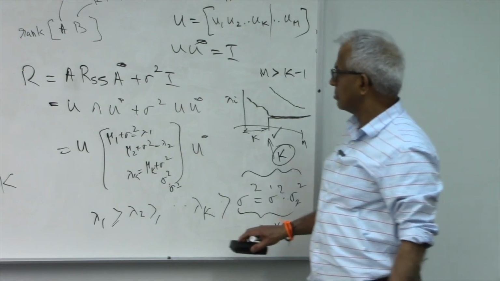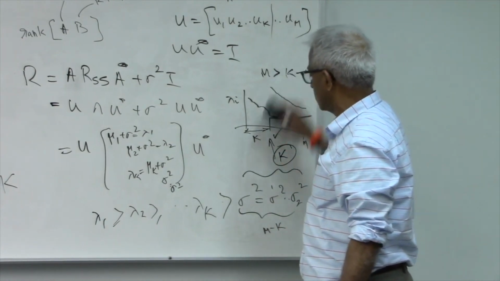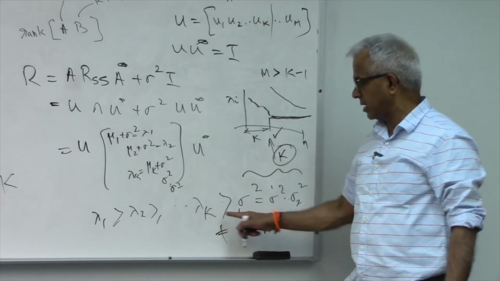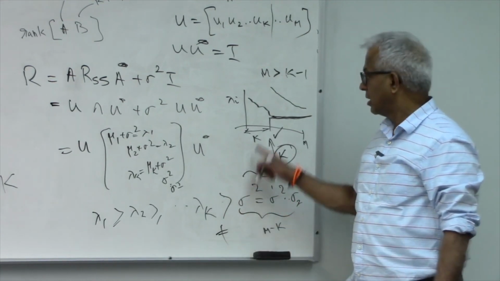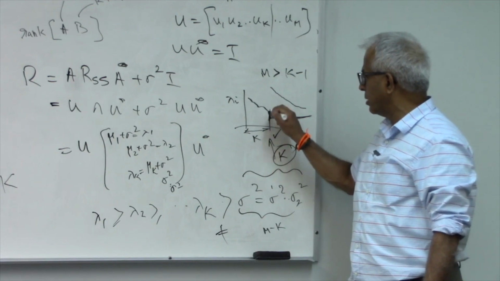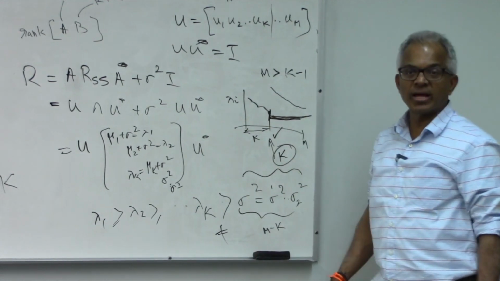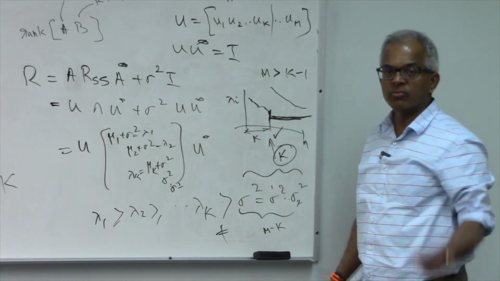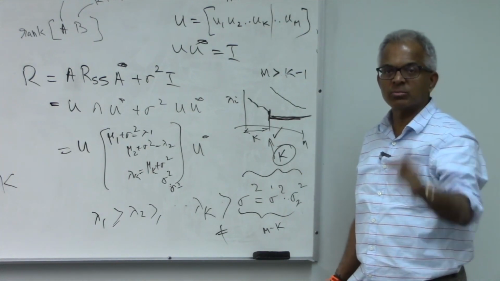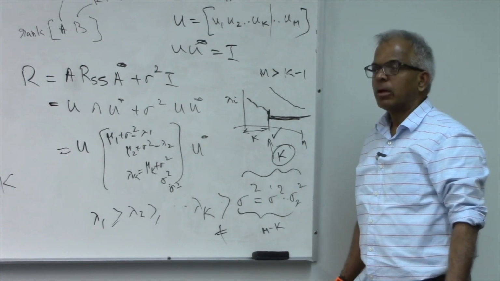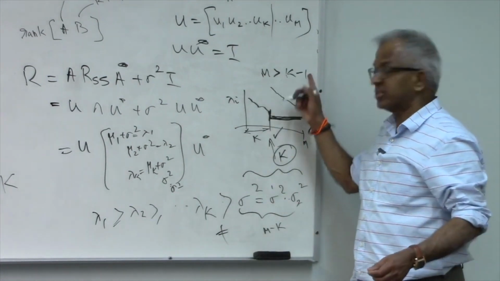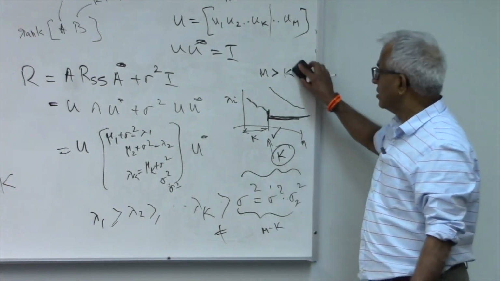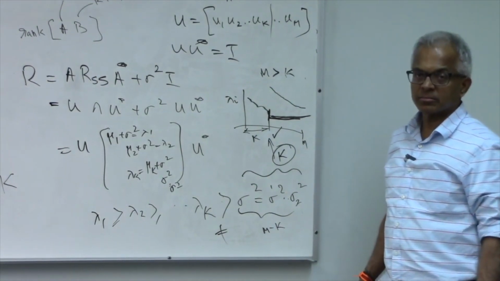This cannot be equal here, that's the key. Where the jump happens, after the jump it will be all flat. To observe this property, you need the flatness, and for that you need at least two eigenvalues. But the bare minimum is the first condition: m must be greater than k. That's necessary.